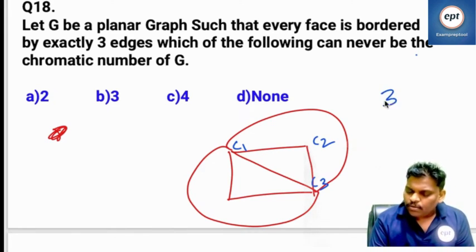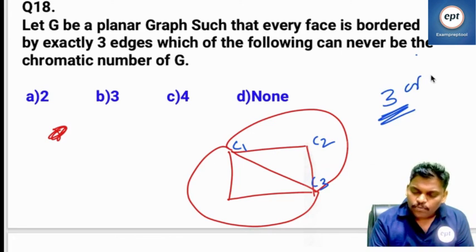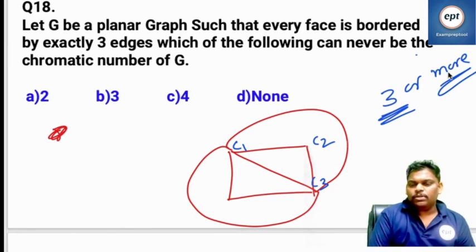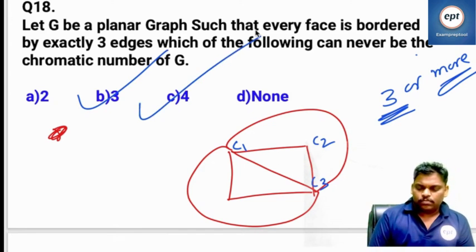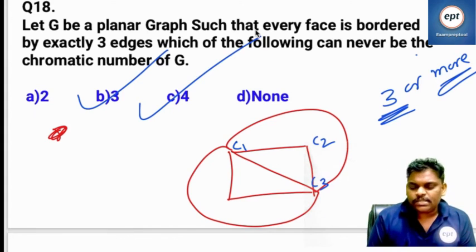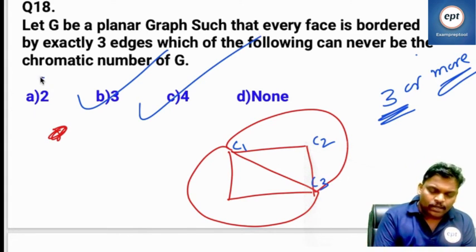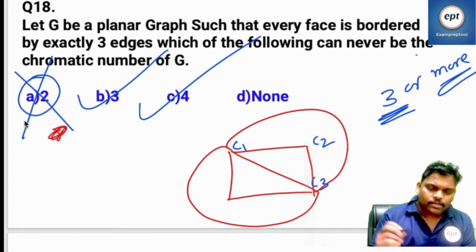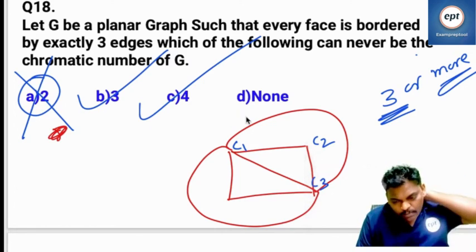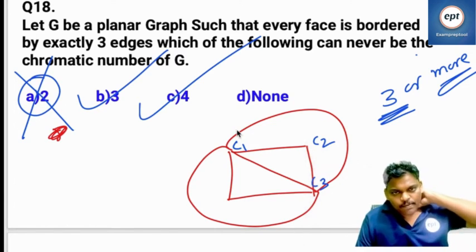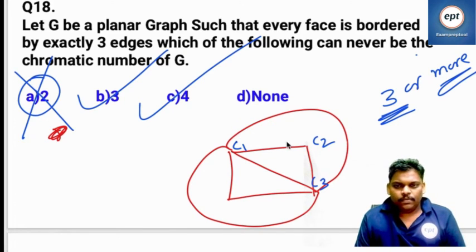So the chromatic number should be 3 or more. Either 3 or more, because you didn't mention how many vertices are there. So 2 cannot be the answer. Go to the next one.